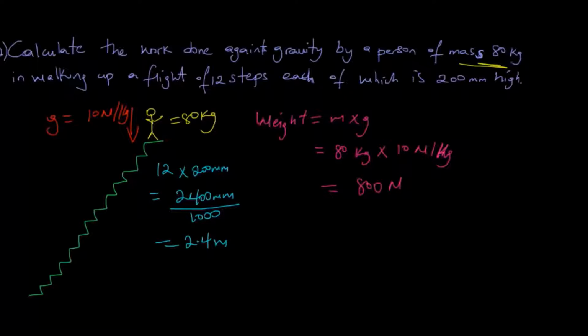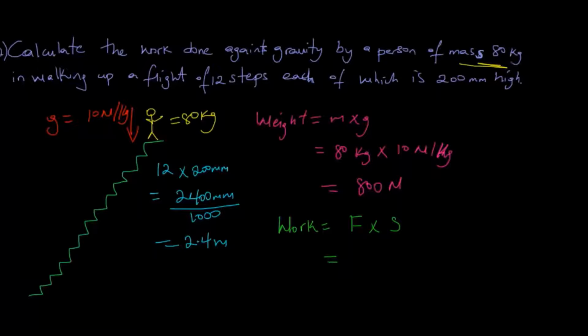So to find the work, then we simply write that work, just to differentiate weight from work, is equal to force times distance. So the force is 800 newtons, which was the 800 newtons that caused the person to move here.